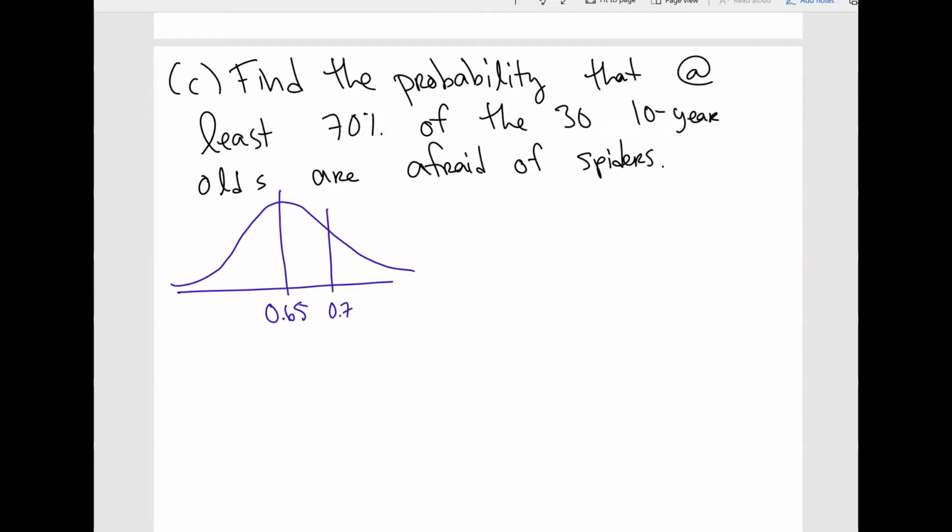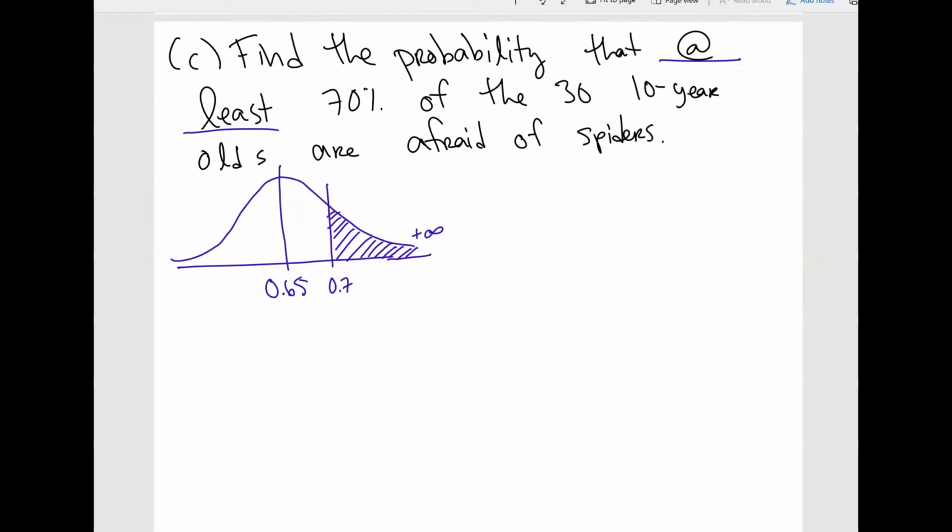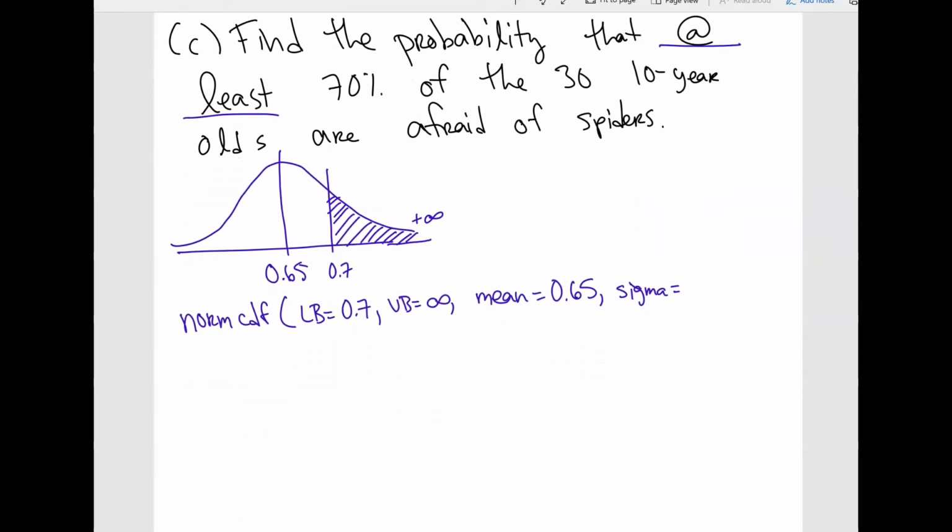We want everything that's at least, meaning greater than, so all of this, up to positive infinity over here. All we have to do is use normal CDF. My lower bound is 0.7, my upper bound is infinity, my mean is 0.65, and my sigma, my standard deviation, is 0.09.